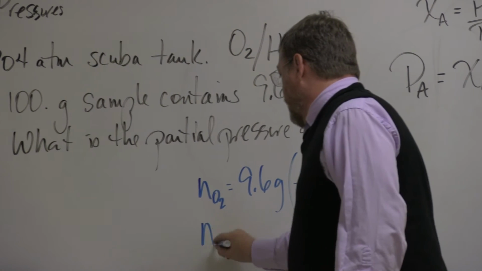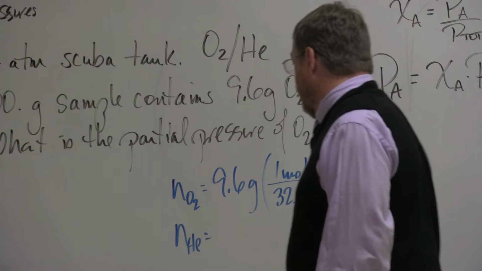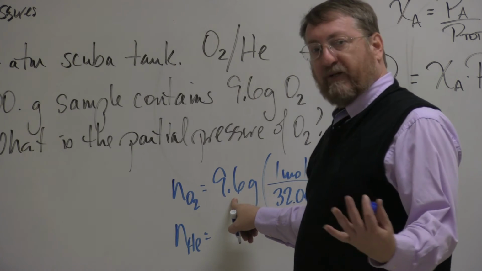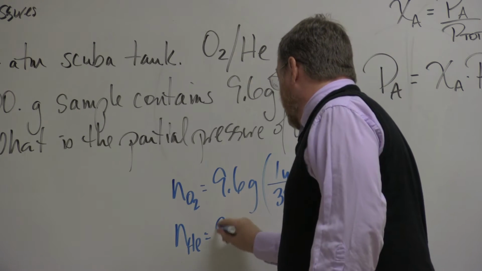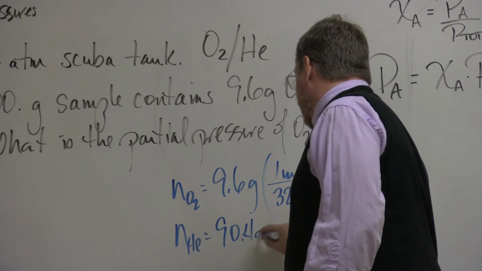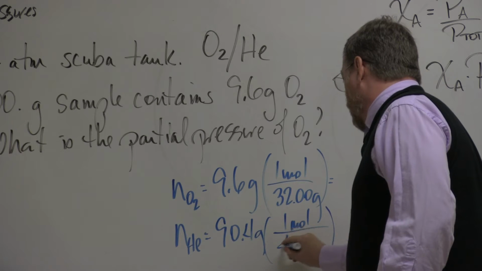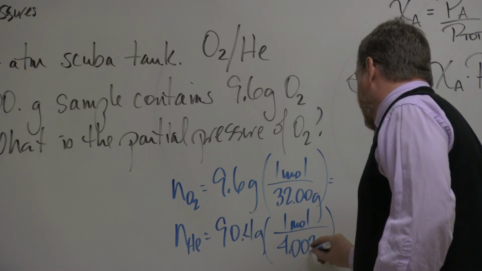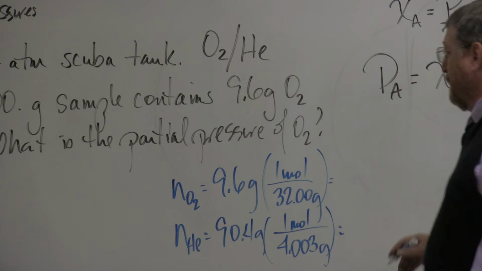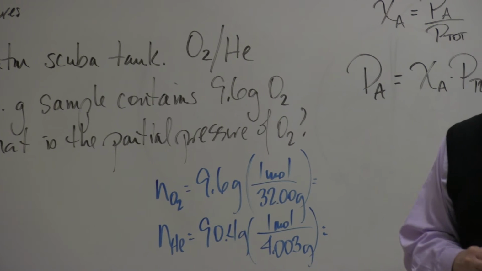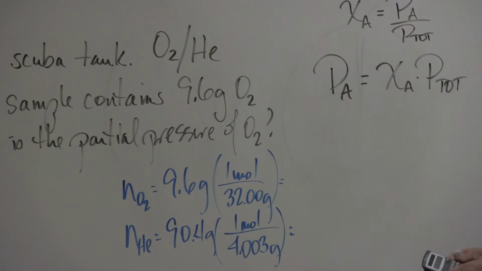Then the number of moles of helium is going to be 100 minus 9.6, which gives me 90.4 grams, times 1 mole over 4.003 grams. That will give me the total moles of oxygen and helium. Let me punch that in my calculator real quick.